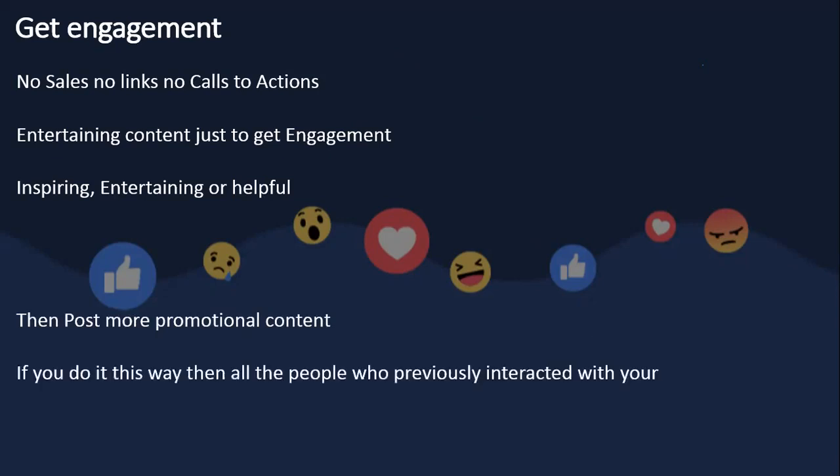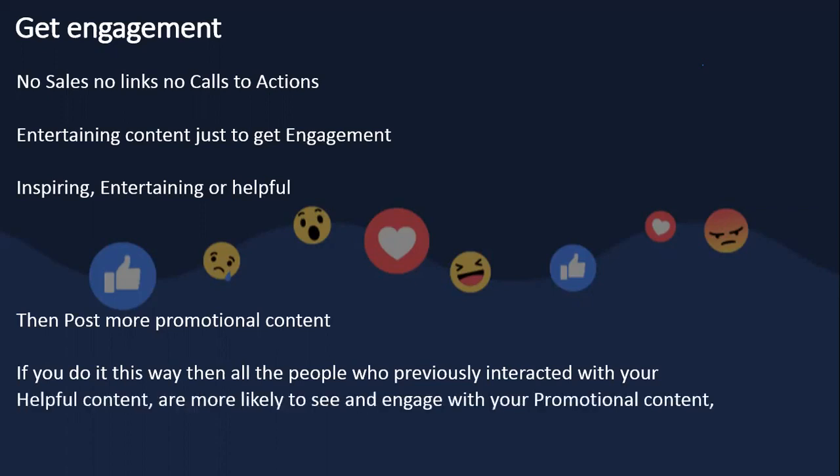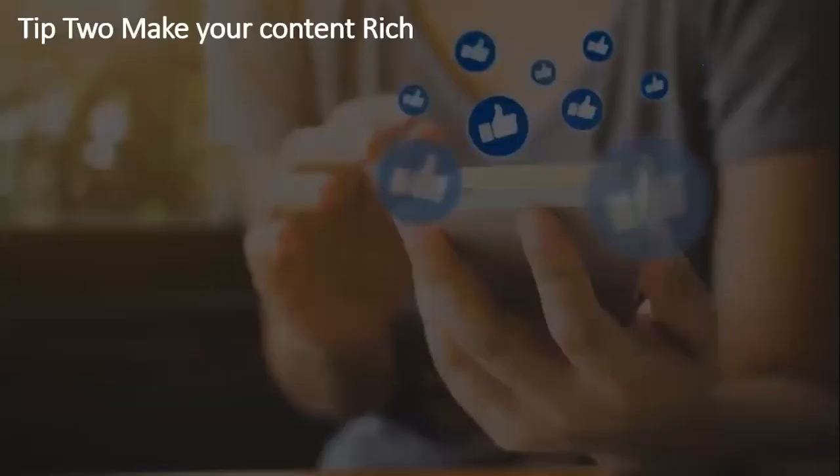If you do it this way, then all the people who previously interacted with your helpful content are more likely to see and engage with your promotional content due to the rapport that you have already built up.